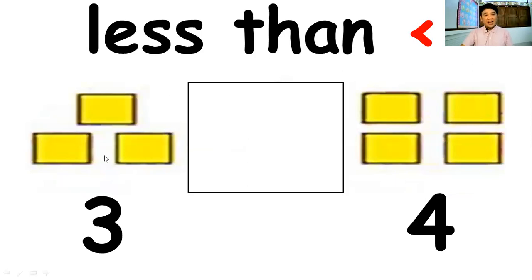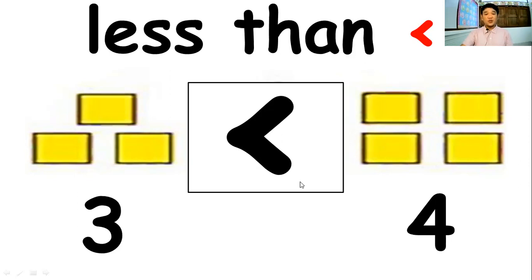On the left side, we have only 3 rectangles. On the right side, we have 4 rectangles. Therefore, 3 is less than 4 because 3 is fewer, but 4 is more than 3.